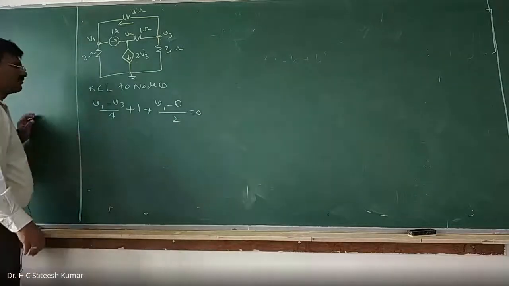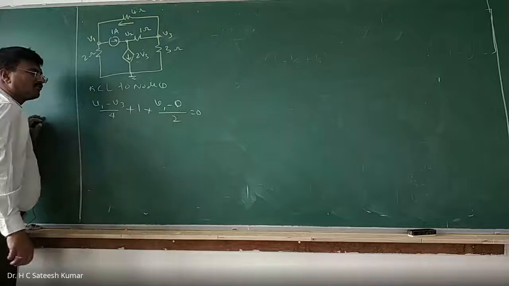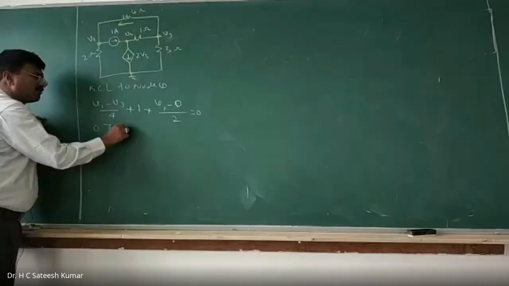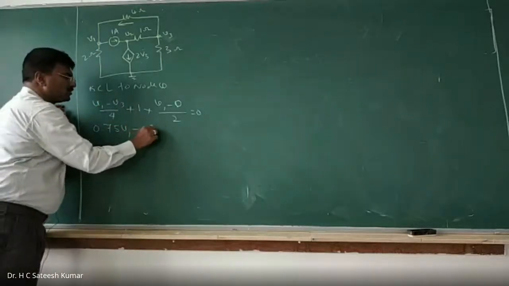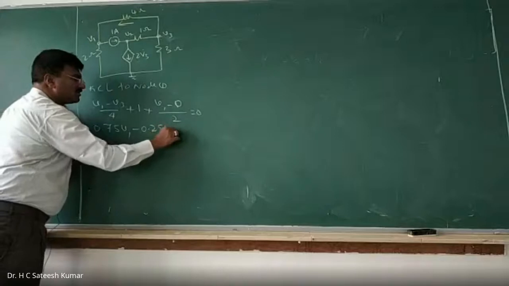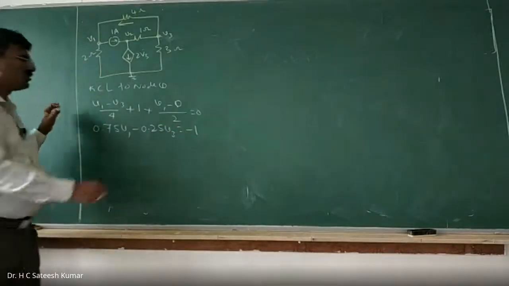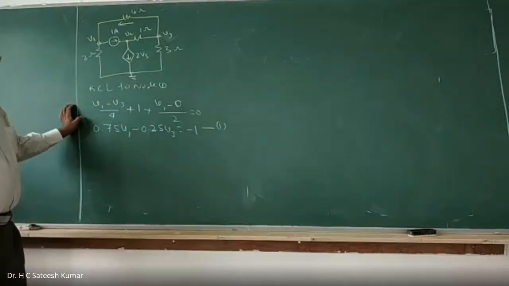So that is nothing but 1 by 4 is 0.25, 1 by 2 is 0.5. 0.5 plus 0.25, 0.75. 0.75 V1 minus 0.25 V3 is equal to minus 1. Call this as equation number 1.